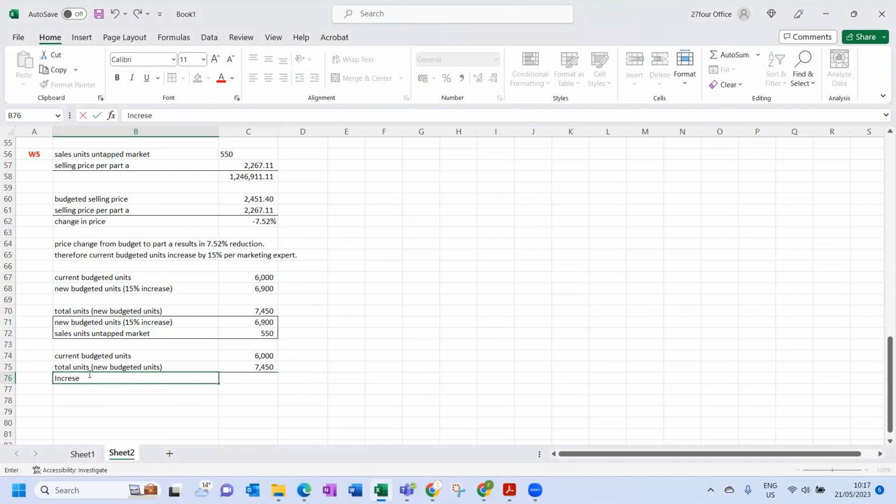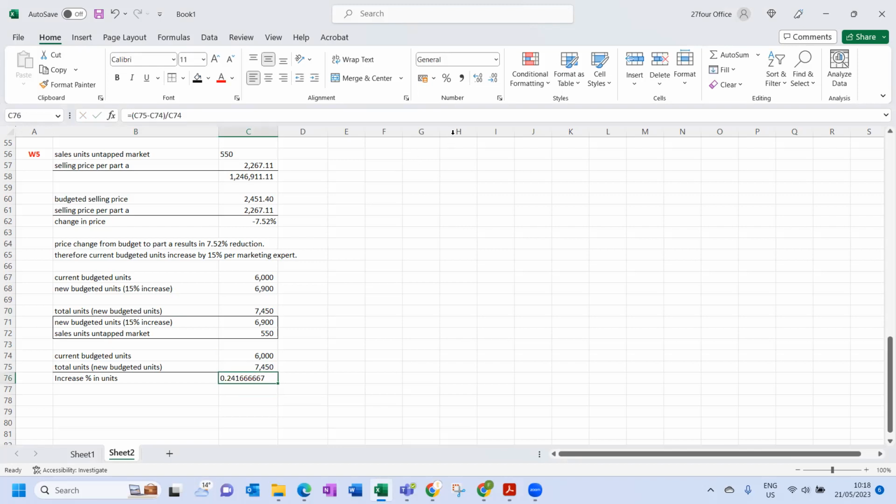For the increase percentage in units, we can simply use the formula new minus old divided by old.